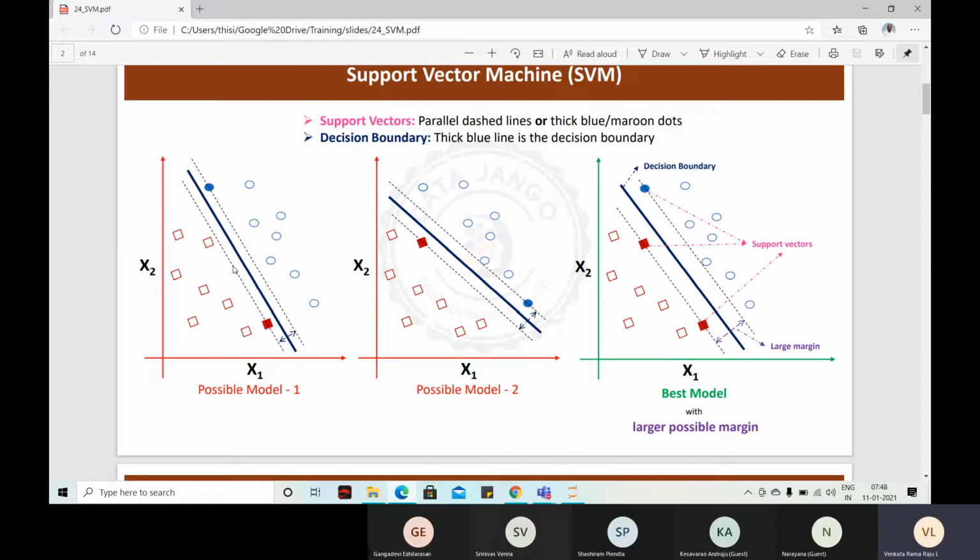When you look at these three different models, if it takes these two or this one, the closest data points are themselves far from the decision boundary. That means this is going to be a more clear prediction. If the data point is very close to the line, then the decision score is going to be very close to zero.